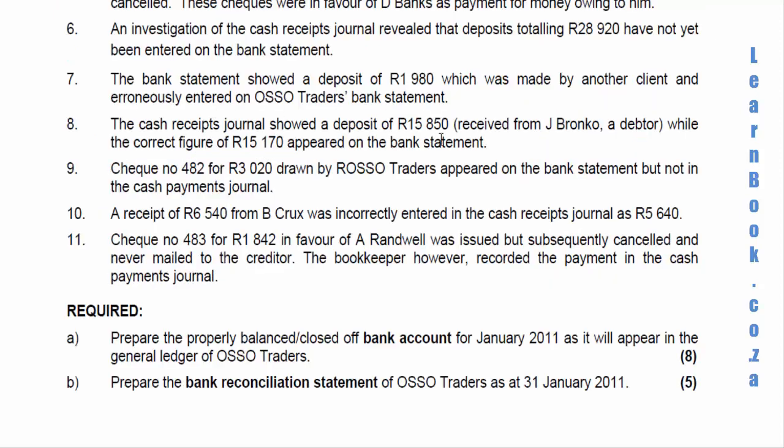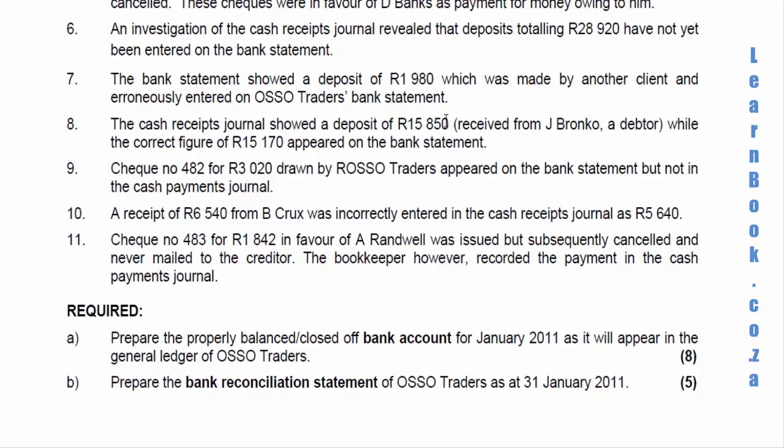Number 8, the cash receipts journal showed a deposit of 15,850 received from J Bronco, a debtor, while the correct figure of 15,170 appeared on the bank statement. The incorrect figure, 15,850, was posted in the cash receipts journal.